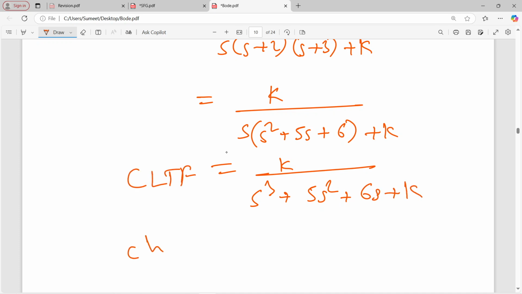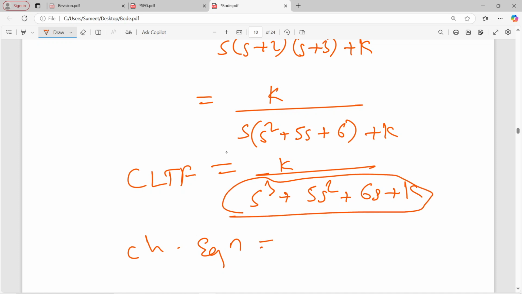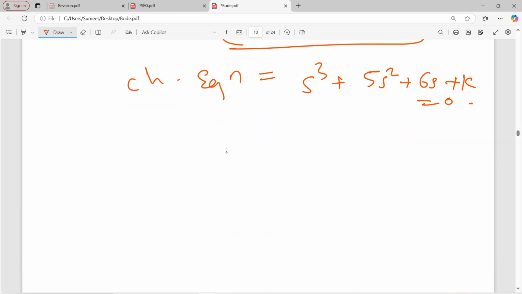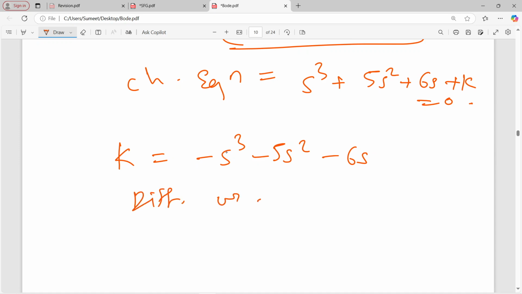Now the characteristic equation: characteristic equation equal to s cube plus 5s square plus 6s plus k equal to 0. Now separate out k from this. So k will be minus s cube minus 5s square minus 6s. Now differentiate with respect to s.